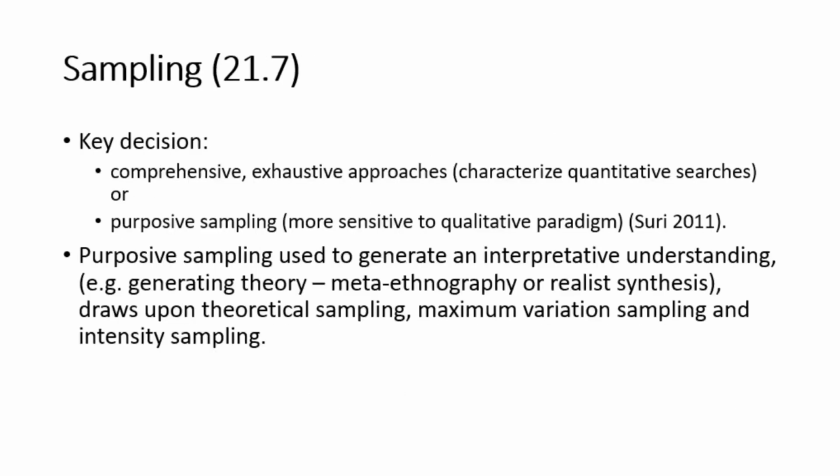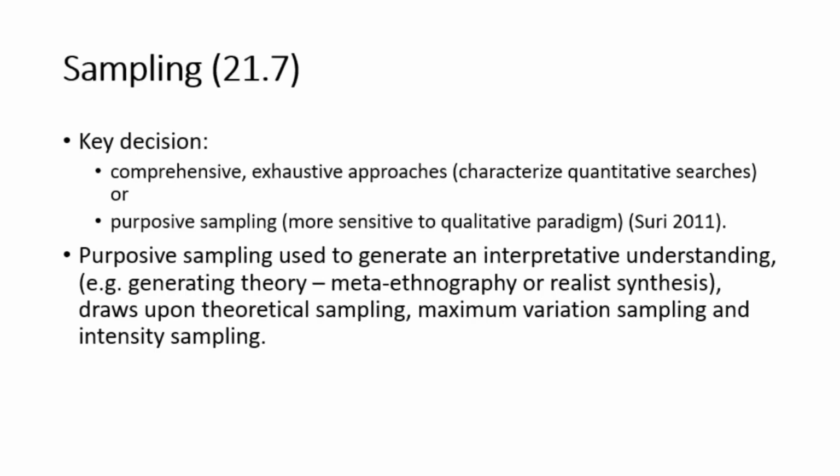So going through these in turn, we do address the issue of sampling. Many of you will be familiar with the default for quantitative searching, which is the comprehensive, sometimes called exhaustive approach. But within qualitative research, although this is also prevalent, an alternative method involves purposive sampling.